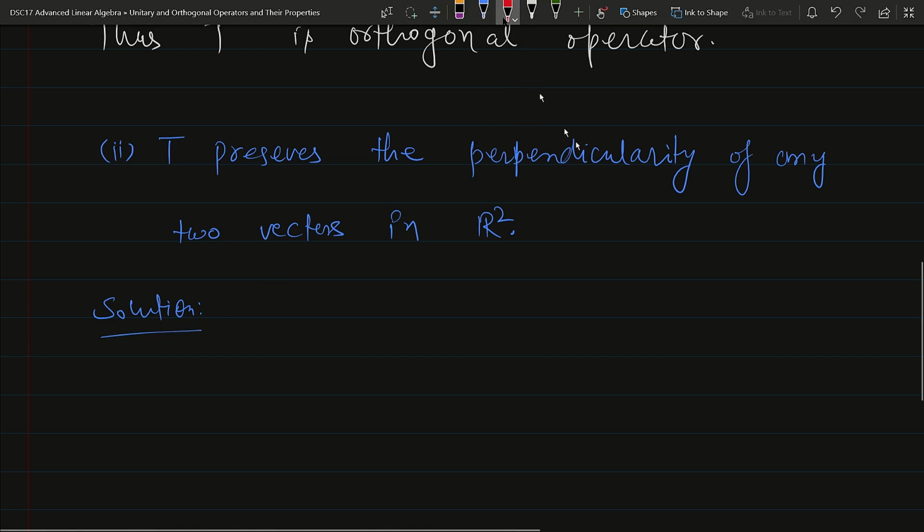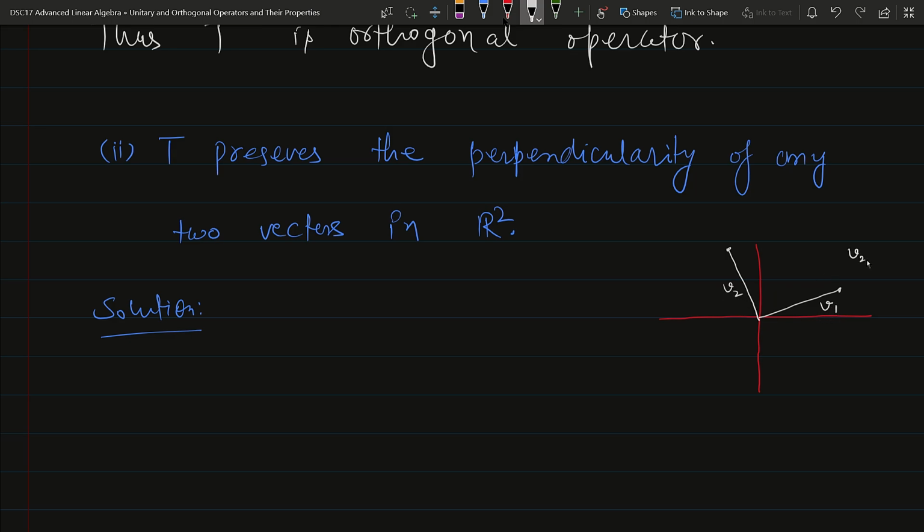Again suppose we have this R square and we have, suppose this is our vector v1 and take a perpendicular vector.